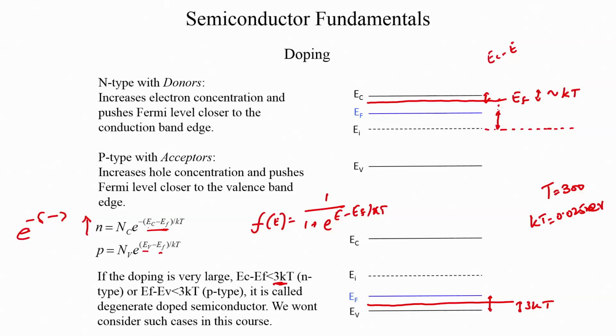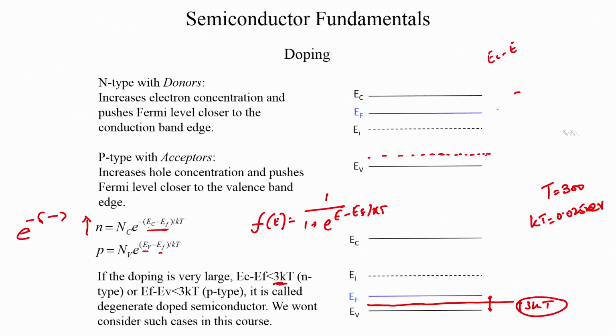So, as far as this course is concerned, we will not look at degenerately doped semiconductors. We will stay within this 3 kT threshold, and the Fermi level location will be well below these borders. So, if this is the border, say 3 kT, let us call these two energy levels, just to be very clear.